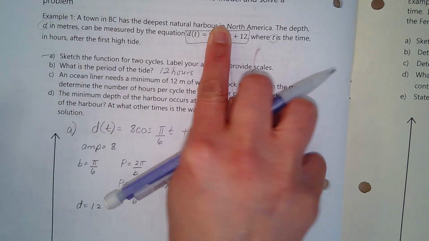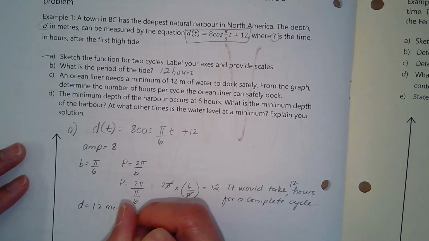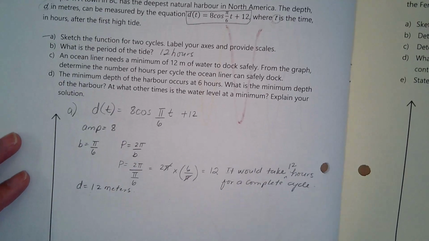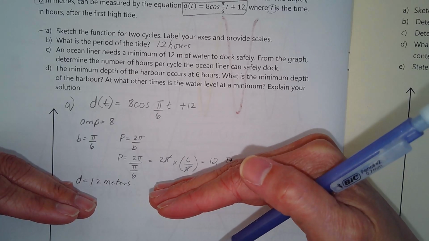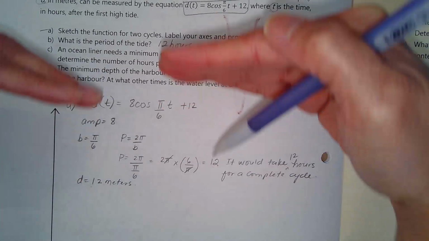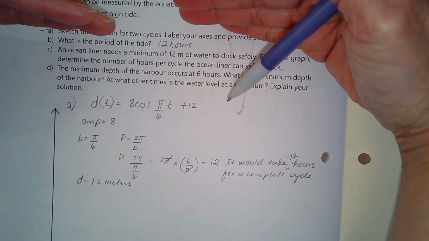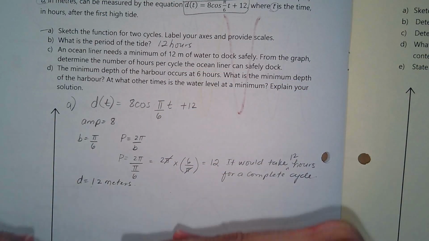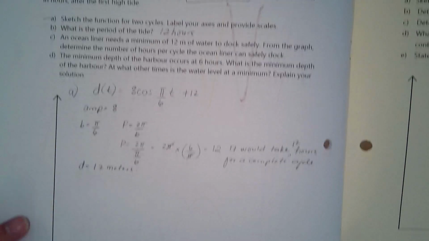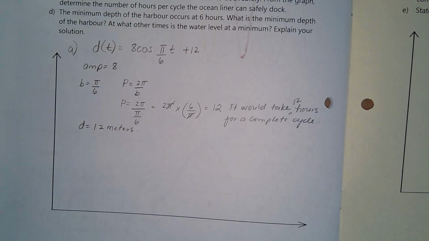So it's meters, right? 12 meters. So what does that mean? We start with the 12 meters, that's the median, but then it could get higher, high tide, or it could be low tide, right? But the middle is 12. Okay, so now let's put it together.